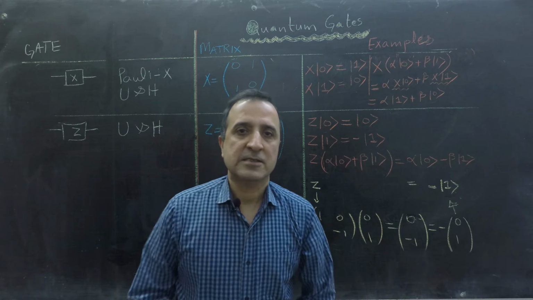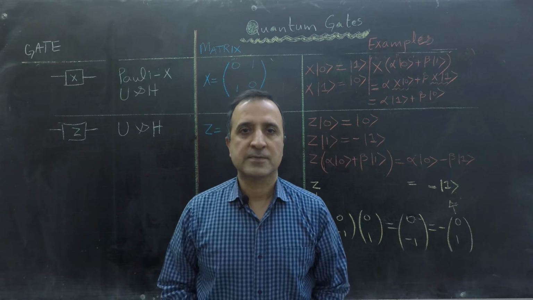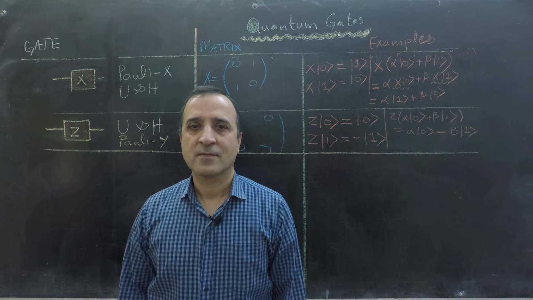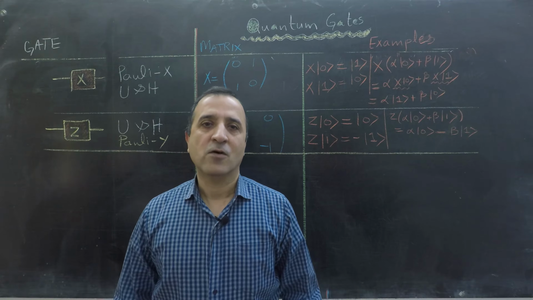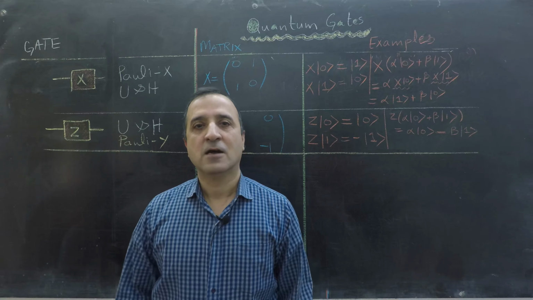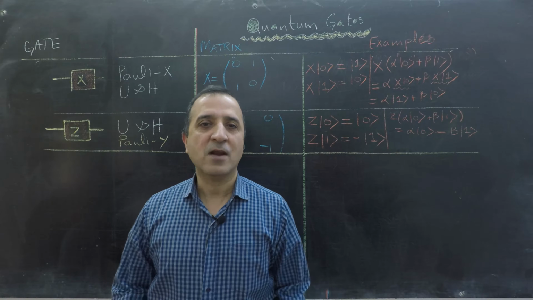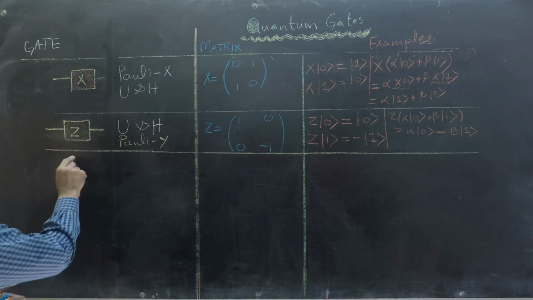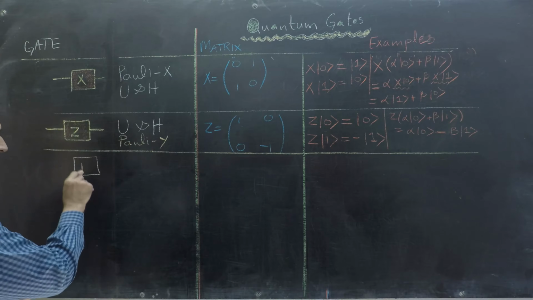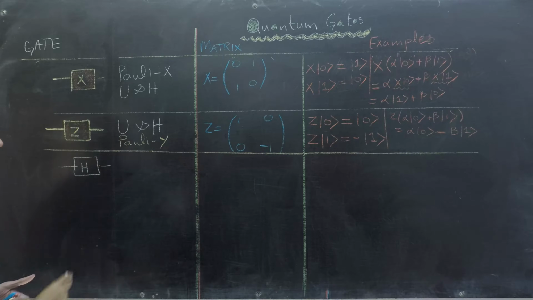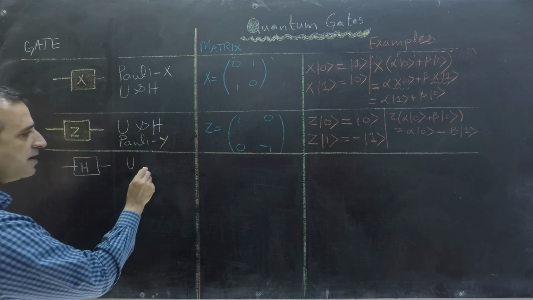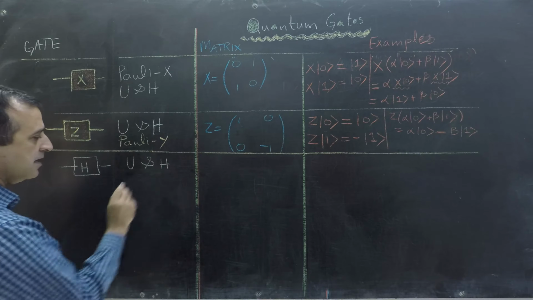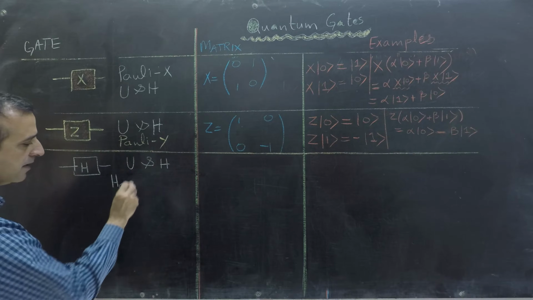Now let's look at another quantum gate. My favorite gate of all the gates is Hadamard Gate. I even like its name, Hadamard. It is a single qubit gate which is also unitary and as well as Hermitian, and its name is Hadamard Gate.